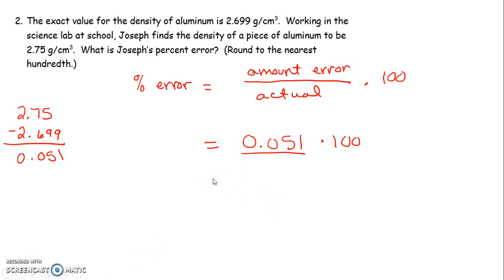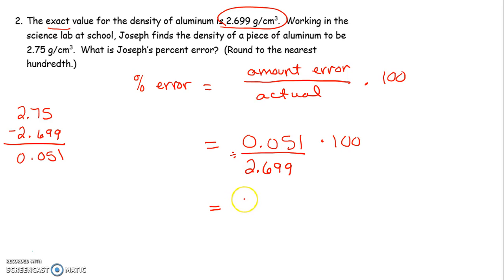And then our actual density, the exact value the scientific community has agreed on, is 2.699 grams per centimeter cubed. So we'll take our 0.051, that goes in your calculator first, divided by 2.699, divided by the actual.